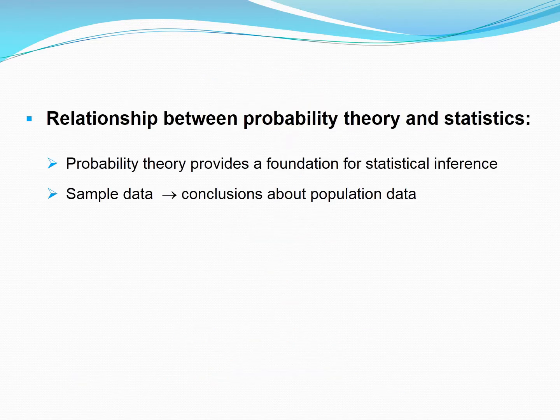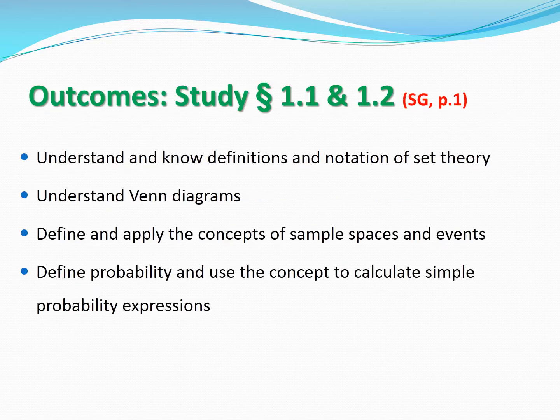And probability is going to help us in the process of statistical inference because it provides the foundation for statistical inference. If you look at the outcomes in the study guide, you will see that there's 4 different things that we are going to focus on. First of all, we are going to look at set theory from mathematics, which forms the basis of probability, and that will help you understand the concepts in probability.